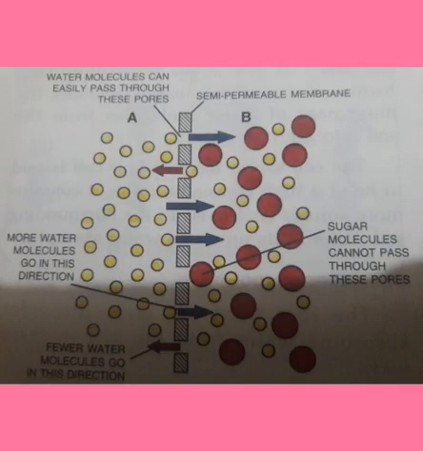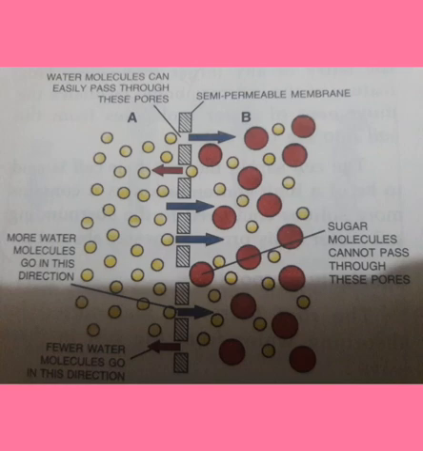The semi-permeable membrane lies between water on one side A and a strong sugar solution on the other side B. While the sugar solution has a higher concentration of sugar molecules, there are no sugar molecules in water.